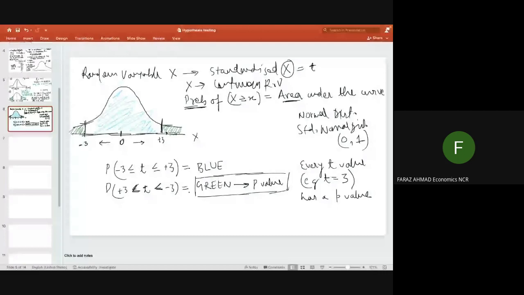So this is the statement I was trying to make, that there is a t value and every t value has a p value, and p value is the area under the tails.